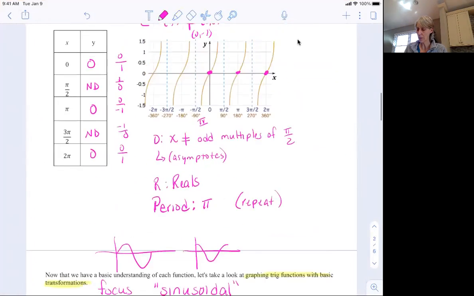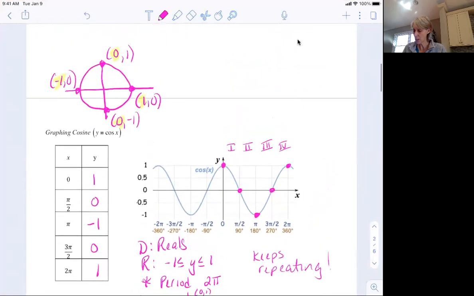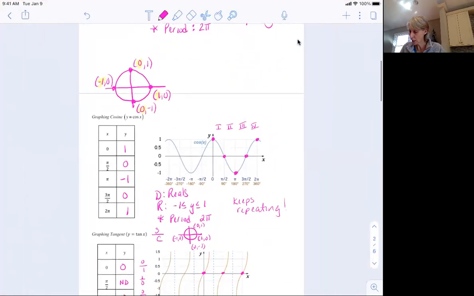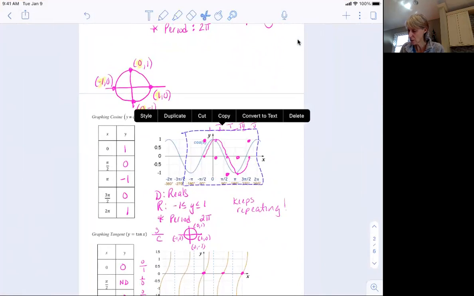Before we go any further, it's important to mention, if we look at our sine curve and our cosine curve, maybe I'll graph one. That's our sine curve superimposed. You should recall from last year that the sine and the cosine are really just horizontal shifts of each other. That's a nice little thing to remember.